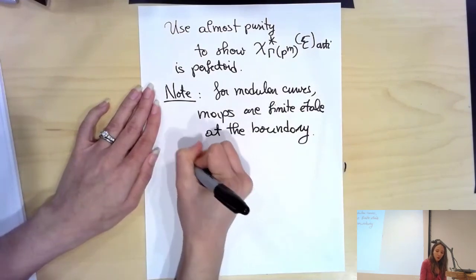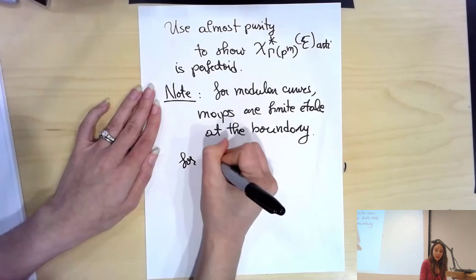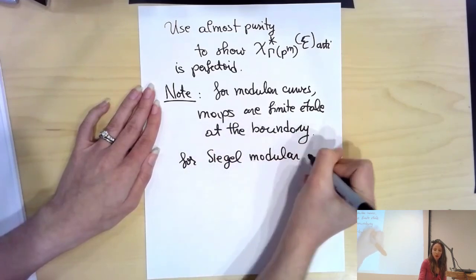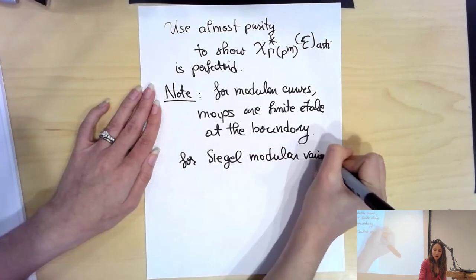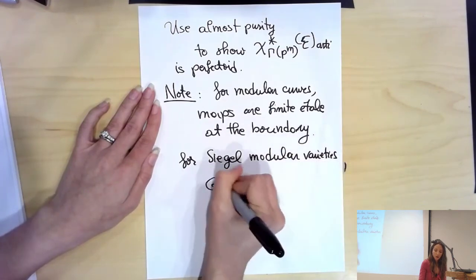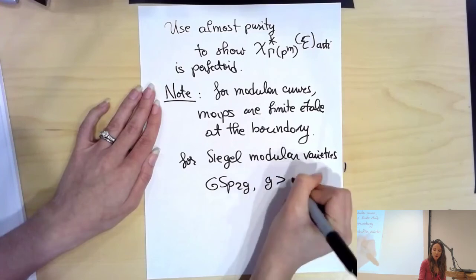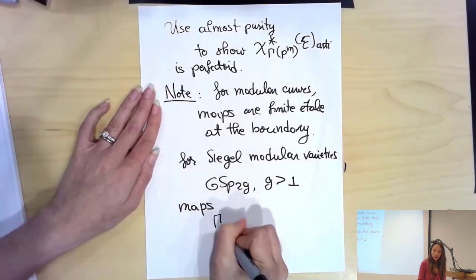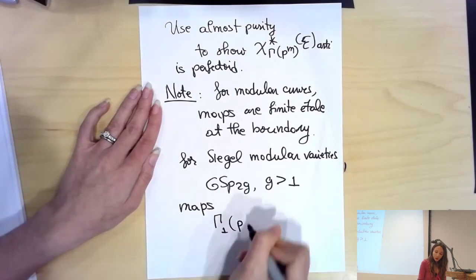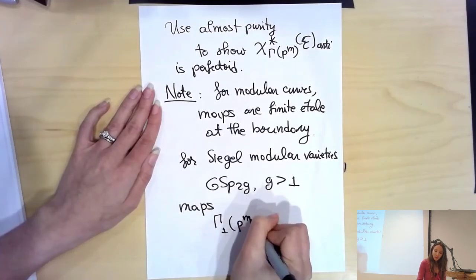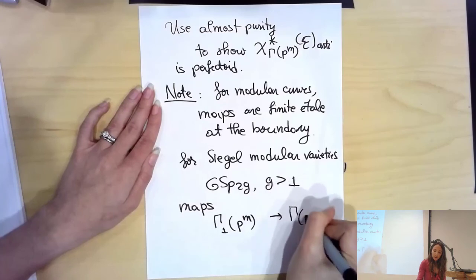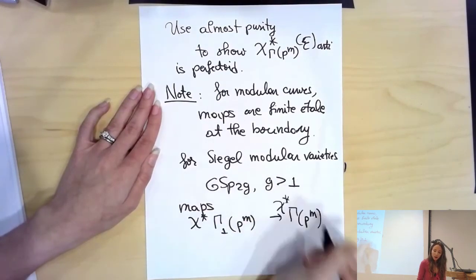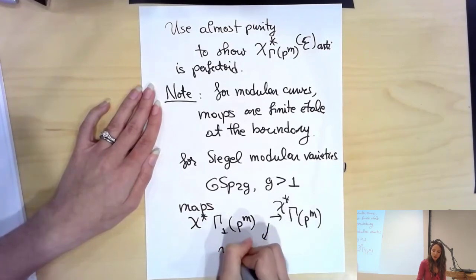However, for, say, Siegel modular varieties, so for GSp_2g, g greater than 1, the transition maps from level gamma 1 p to the m to gamma p to the m, on X star, the anticanonical locus, you see ramification at the boundary.